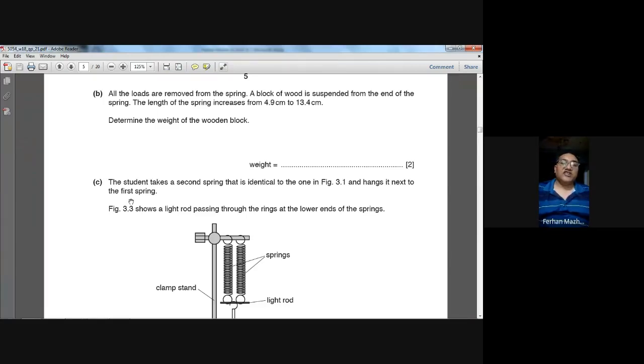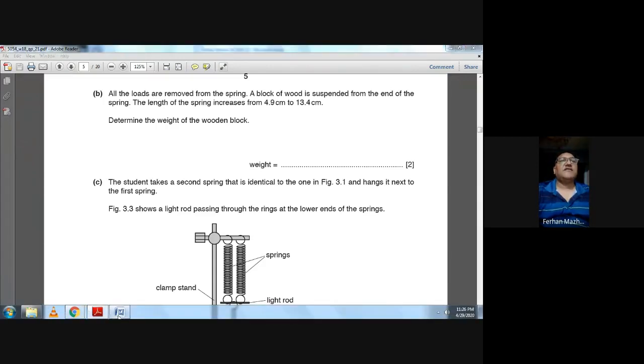So extension is equal to L minus L naught. L is 13.4, minus L naught, 4.9. So the extension will be 8.5 centimeter.